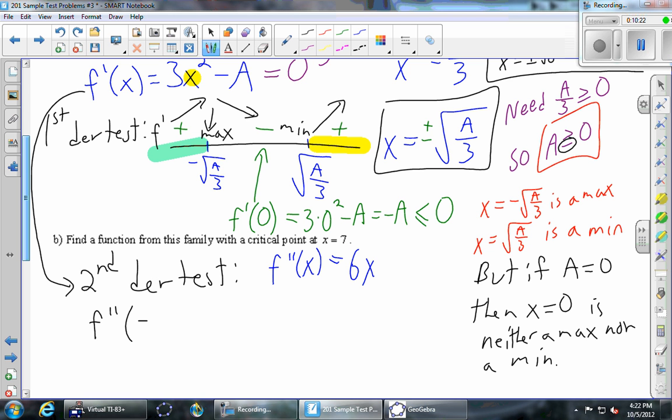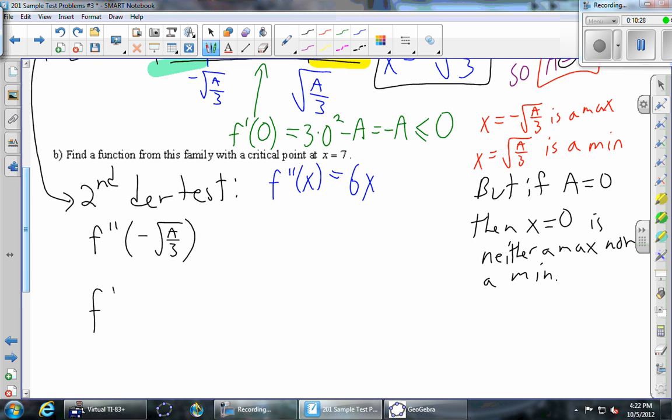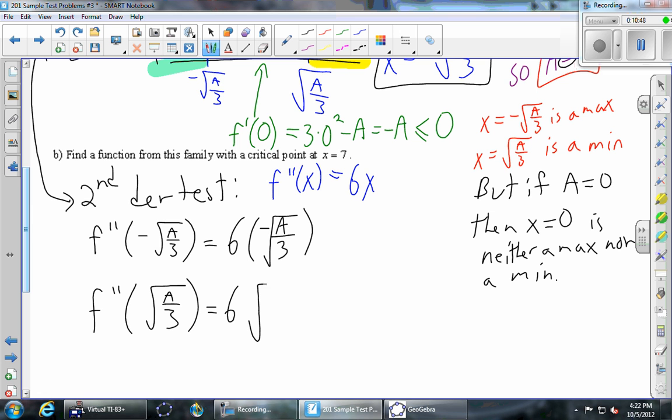So I'm going to put negative root a over 3 into the second derivative, and I'm also going to put positive root a over 3 into the second derivative. The question is, are these things positive or negative? Our second derivative is right there, 6x. So this is 6 times negative root a over 3, and down here, it's 6 times positive root a over 3.